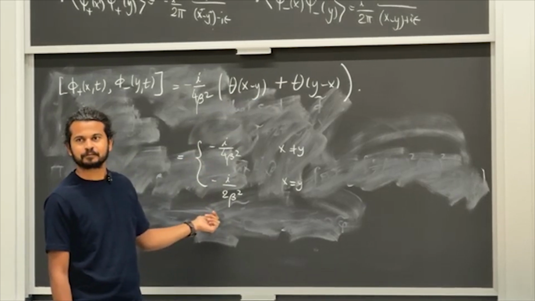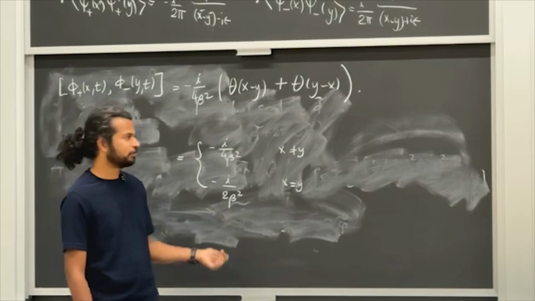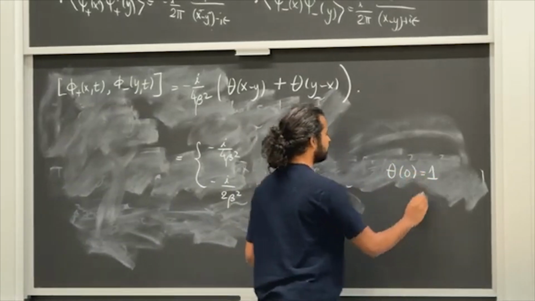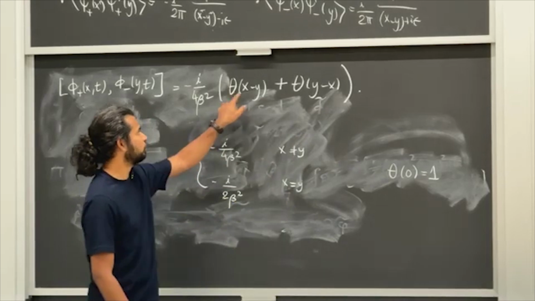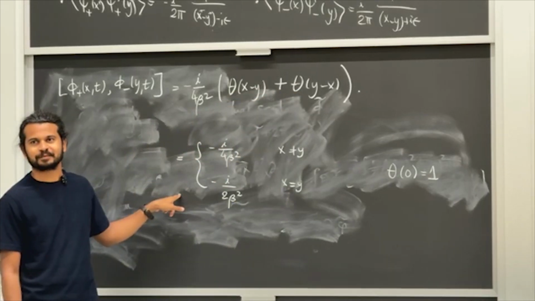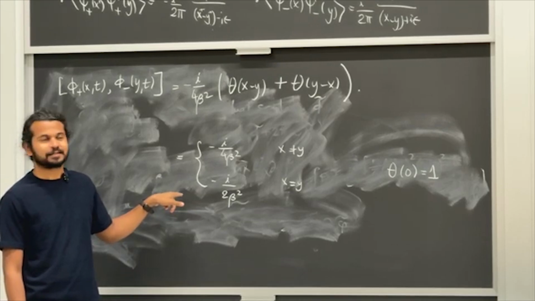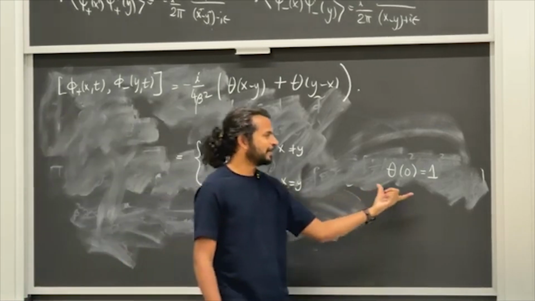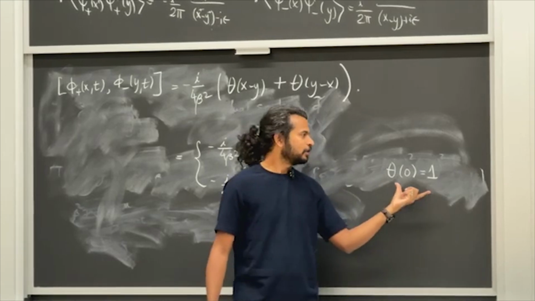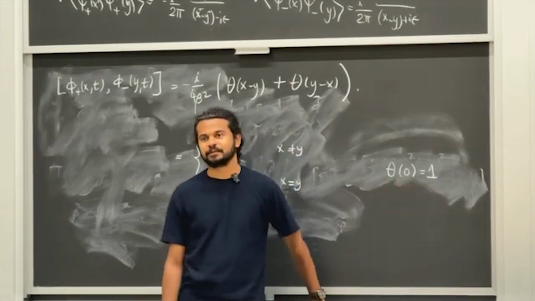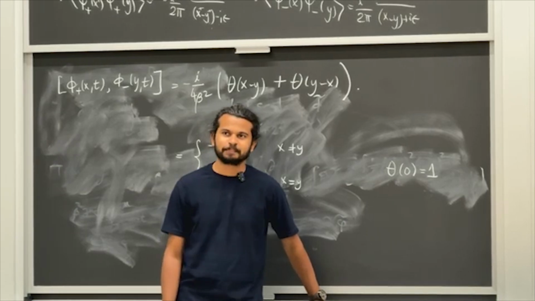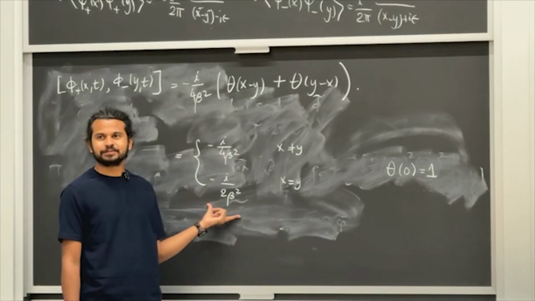Well, if you define it to be 1, if theta 0 is defined to be 1, then when x is y, 1 plus 1 is 2, and there is a jump. I tried to work with the other definition, and later on, this definition gives me the desired answer and not the other one. So I thought I'll be happy with the jump.